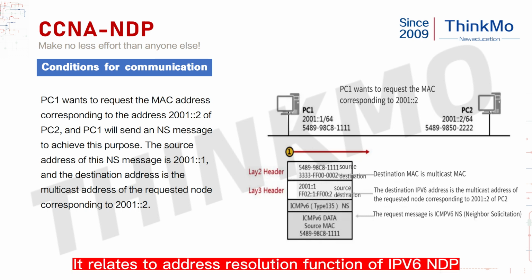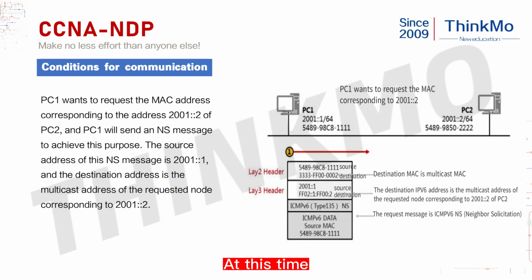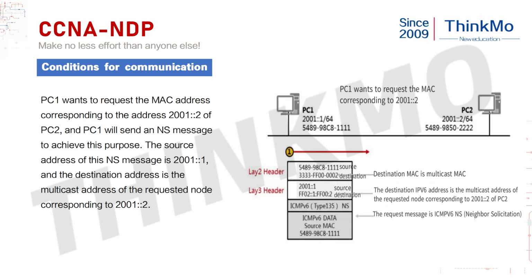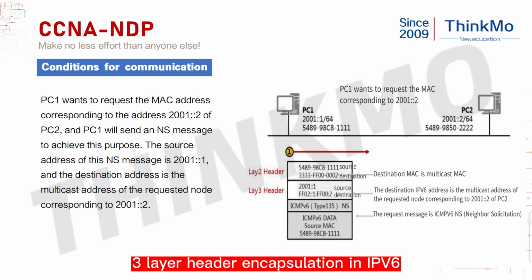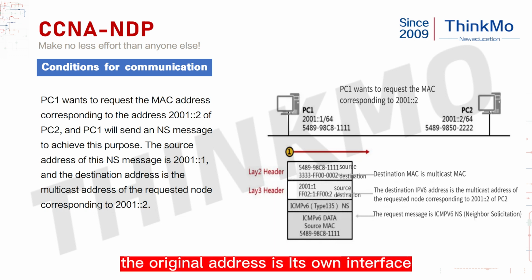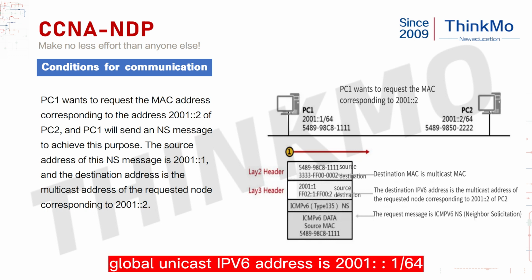It relates to the address resolution function of IPv6 NDP. The two hosts must communicate with each other at this time. That is, PC1 encapsulates the corresponding header, because there is no broadcast concept in IPv6. So the first thing that comes to mind is the layer 3 header encapsulation in IPv6. First of all, the source address is its own interface's global unicast IPv6 address, 2001::1.